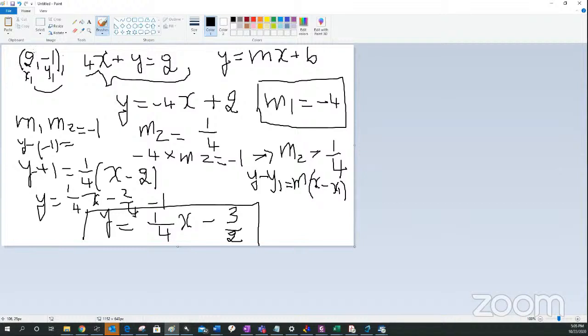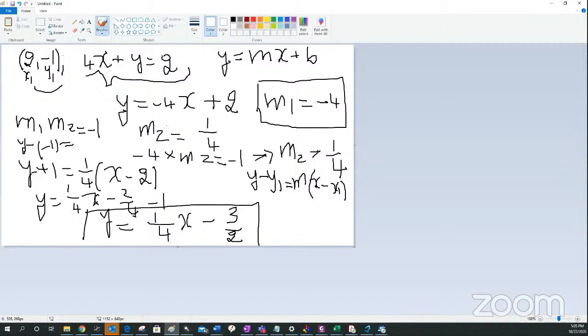Our x1, if you look at it here, is 2, right? So that will give a 1 over 4 factor x minus 2. You got that part as well? I just use the formula there. Right. And if you do that, maybe from there yours should be fine to go.